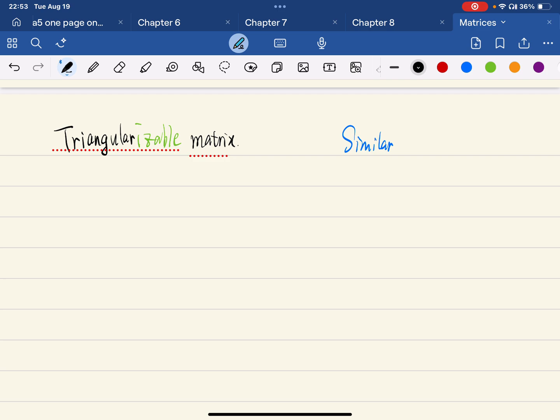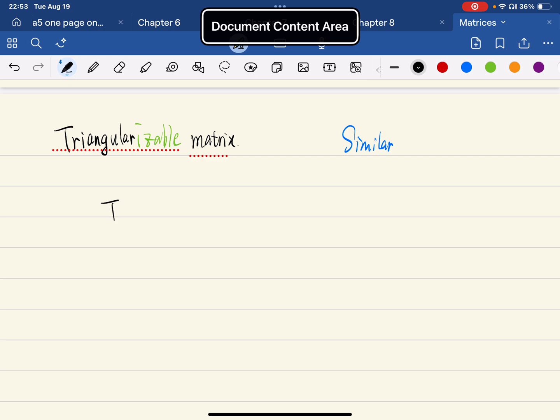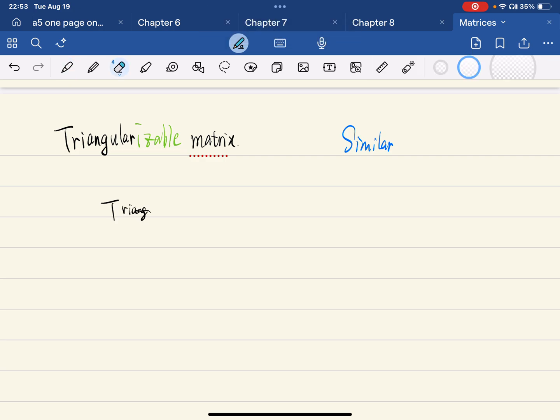Well, we can have the similarity by the formula. The triangular matrix, we note as T, and the triangularizable matrix, we note as A. And what is P here?